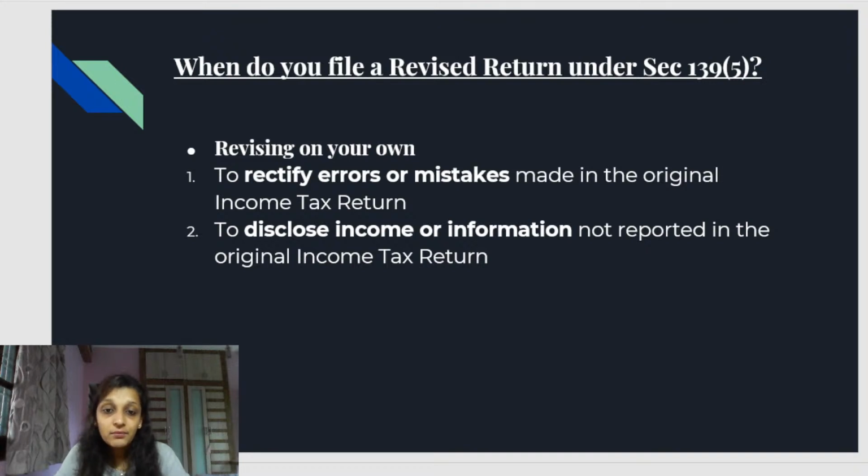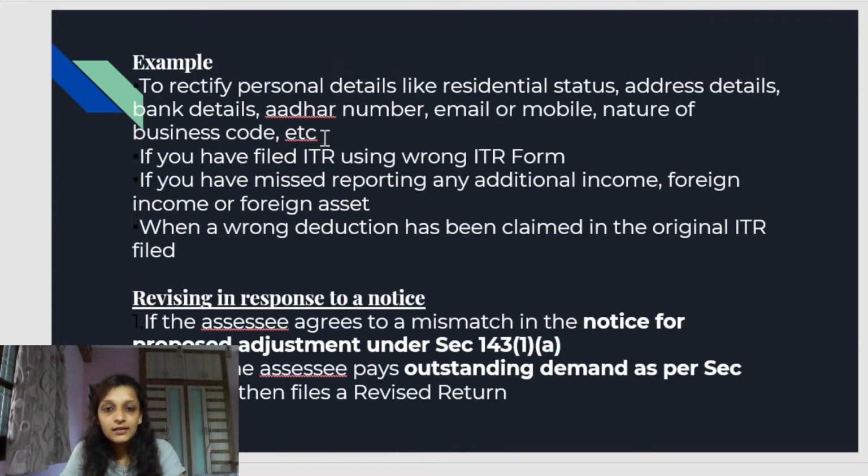Such mistakes can be due to reasons like wrong bank account details, incorrect personal information, use of the wrong income tax return form, mismatch of income between the income tax return and Form 26AS, error in mentioning the residential status, unintentional omissions of recording foreign income or foreign assets, etc.